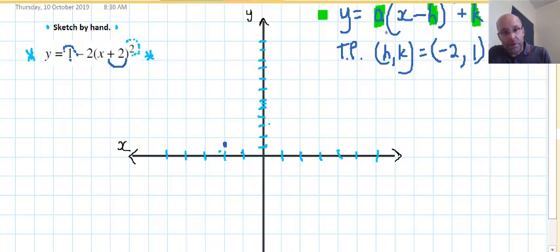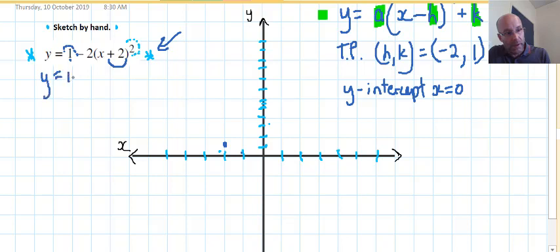We also know that if we have a y-intercept, x equals 0. The y-intercept is when x equals 0. So we sub 0 into this equation for x. So that would be y equals 1 minus 2 outside of (0 plus 2), which is 2.